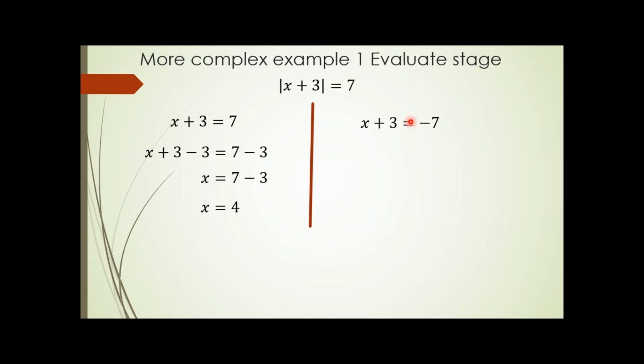And you saw how that equal sign was red. Just as a reminder, inequality, flip the sign. Okay. So now we need to subtract 3 from both sides. Cancel. Simplify. -10.